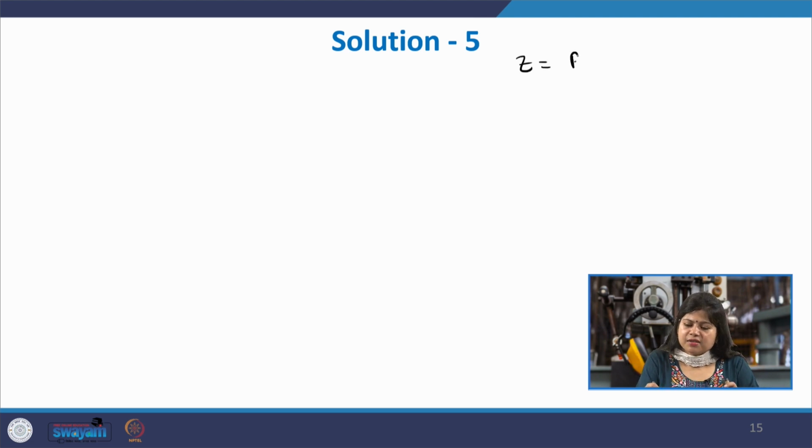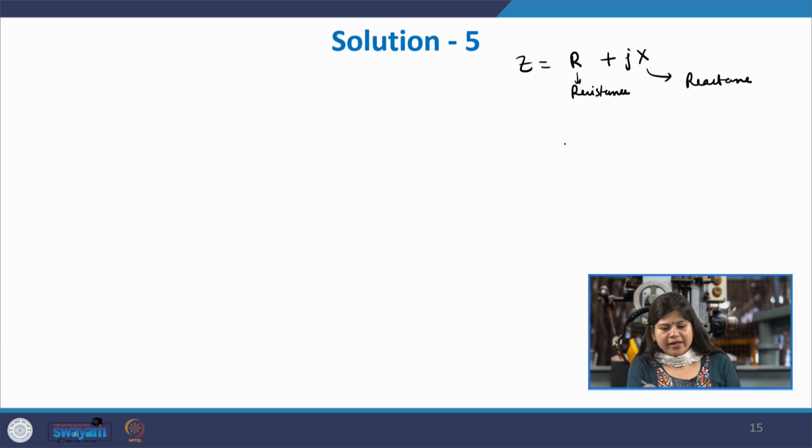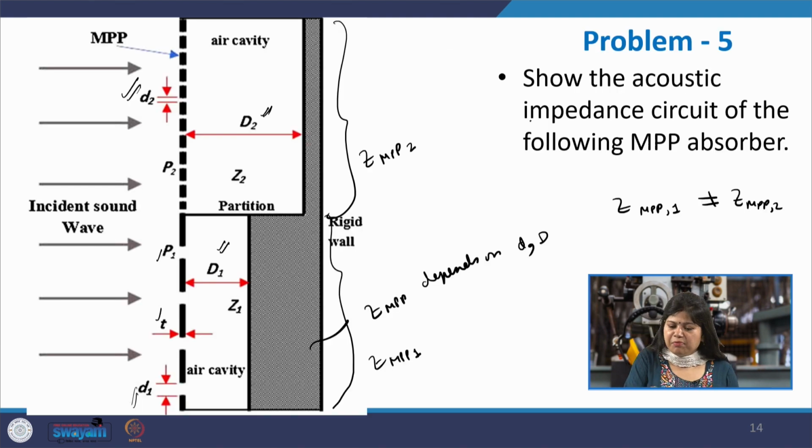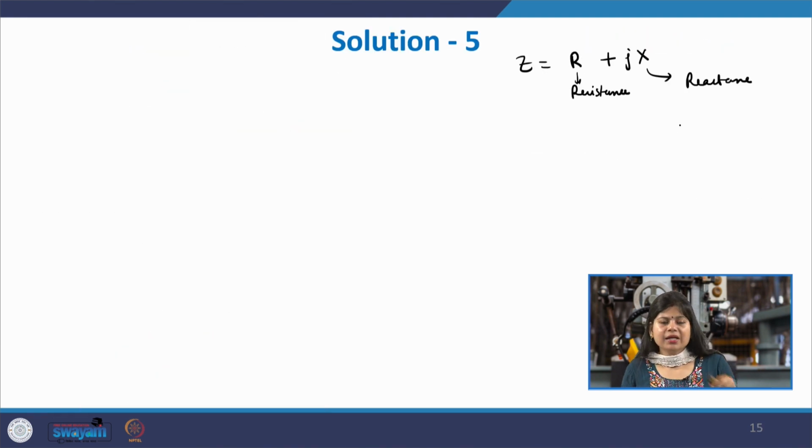So, see what is an impedance? An impedance is made of a resistance term, an acoustic resistance, and a reactance term. Okay. So, when we have to show an electric circuit diagram or an impedance circuit diagram, it derives from the electric circuit analogy. So, the resistance is simply represented by a resistor, and the reactance is indicated by an inductor.